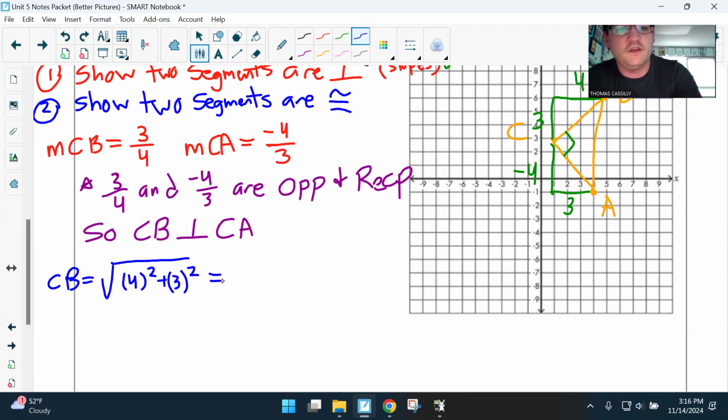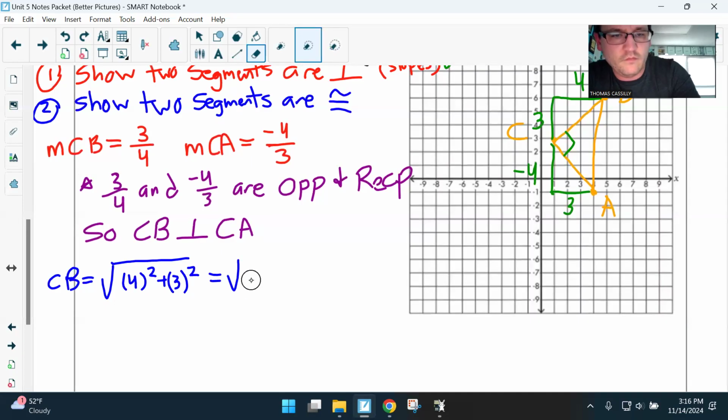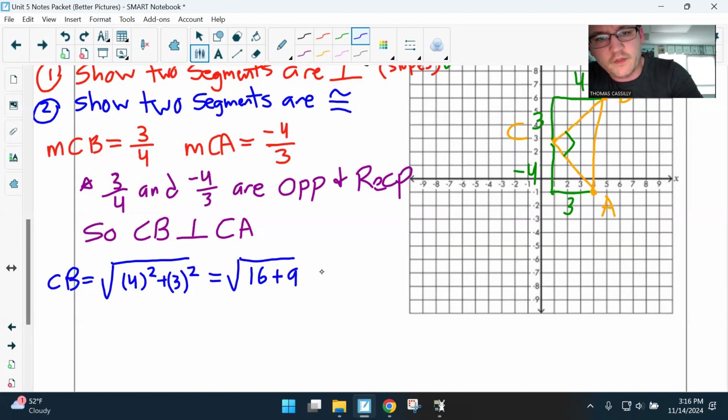That equals the square root of 16 plus 9, which is the square root of 25. Hey, look at that, the square root of 25 is just 5. So CB has a length of 5. Let's look at CA now.